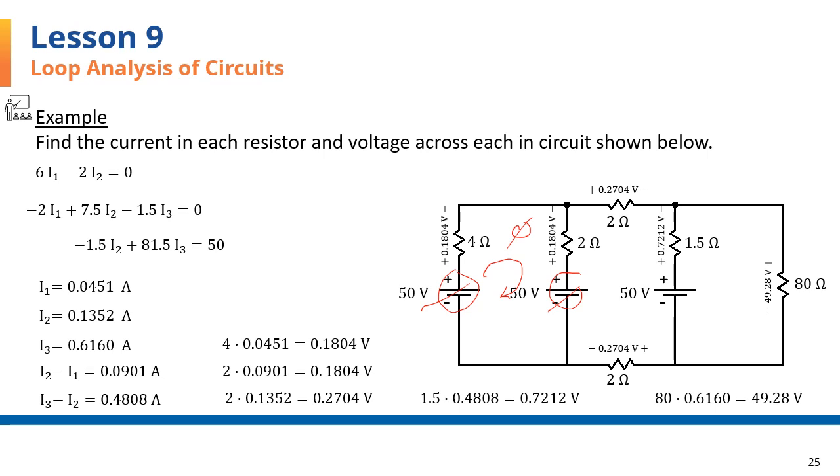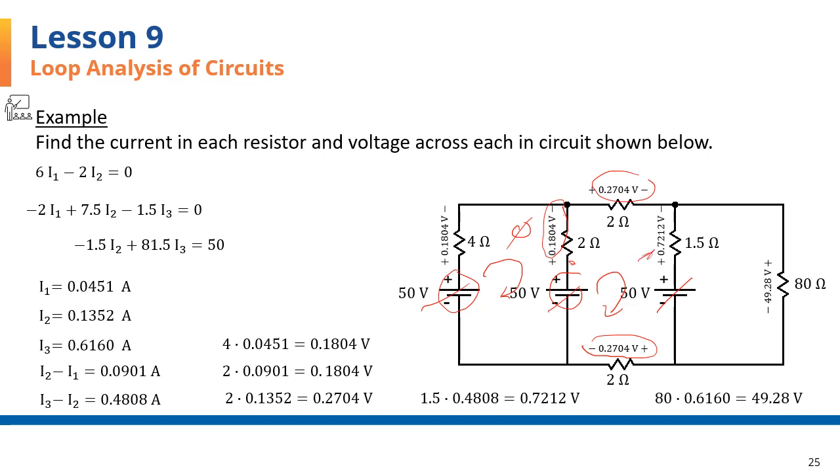In the other loop, in the middle one, again the 50 volt rise and 50 volt drop will cancel each other out. So let's look at the remaining voltages. As I move around, starting here, I have a voltage drop, another voltage drop, and a third voltage drop, and I have a voltage rise on this one.